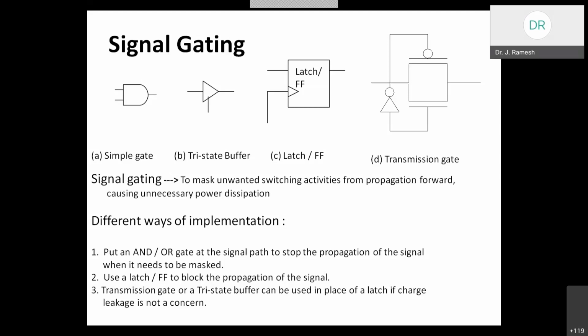Similarly, in the transmission gate, the control signal can be appropriately given in order to stop the propagation of the signal. So signal gating is mainly to mask the unwanted switching activities from propagating forward, causing unnecessary power dissipation. And signal gating circuits can be used for clock gating also, because the clock signal is one of the signals which consumes more power.